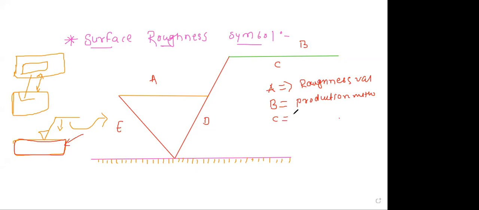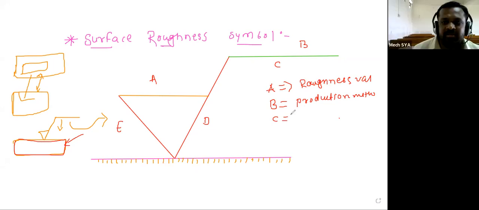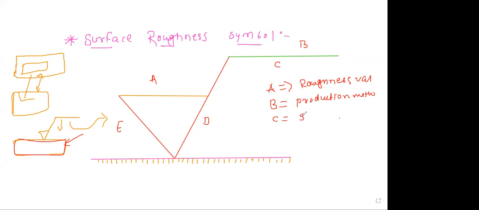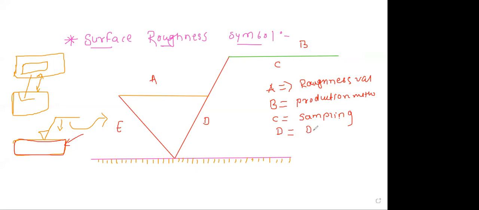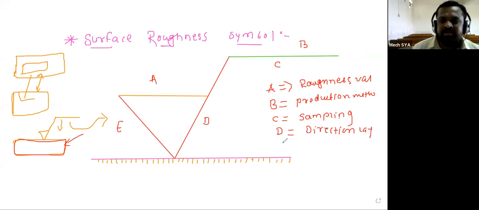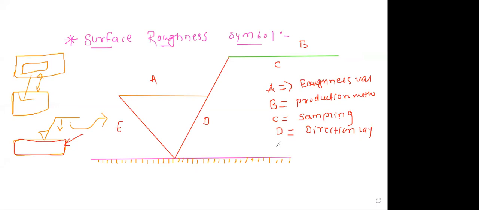Sampling length. What is the meaning of C? Sampling length. That C indicates the sampling length. And D indicates the direction of lay. What is meant by the direction of lay? It gives the information about the pattern of roughness.